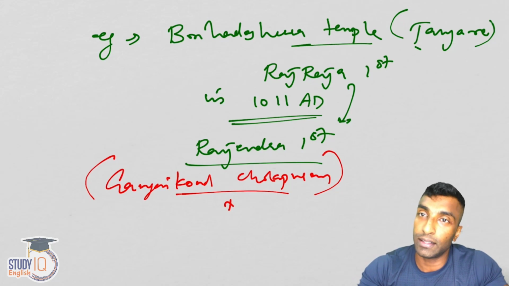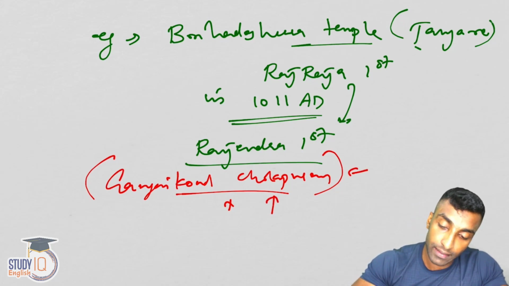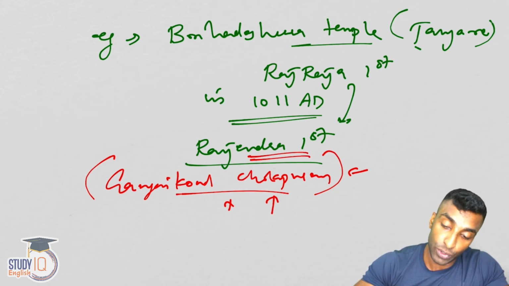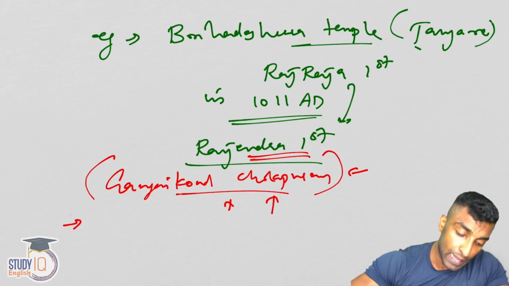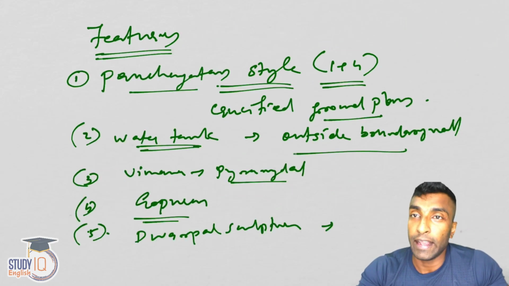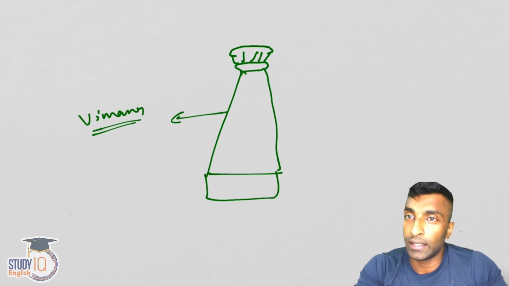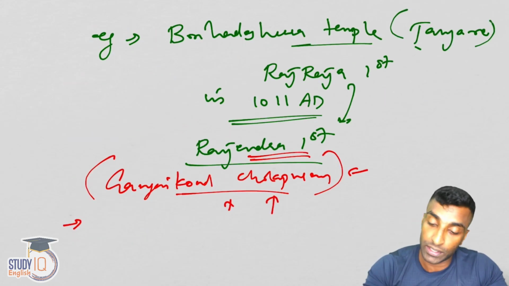And Chola rulers also started to place their own images inside the temple. Not only the idols and deities, they started placing their own images also inside the temple, from the Chola rulers onwards.